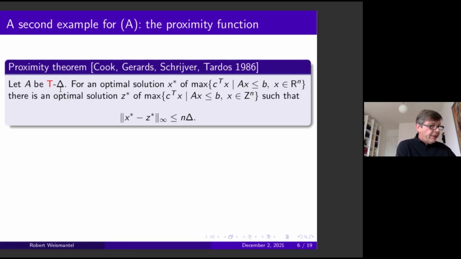This is a key result, but in view of very high dimensions, we only have the linear dependence on n, and we have a dependence on delta, but ideally we would like to get rid of this little n. So that's the kind of task that we have.